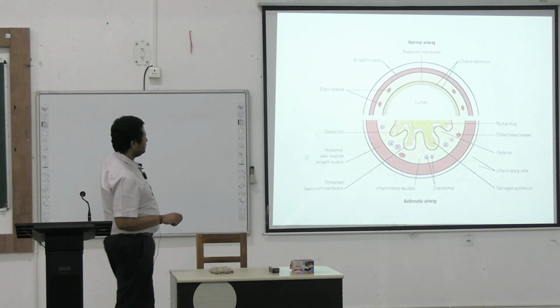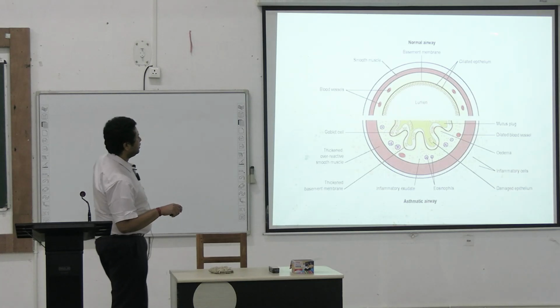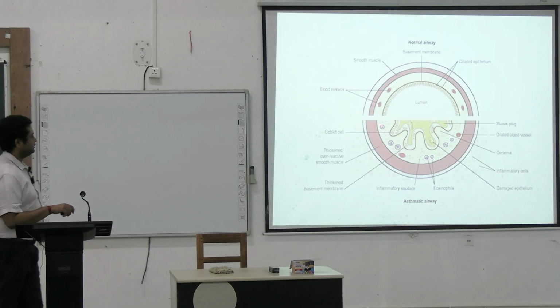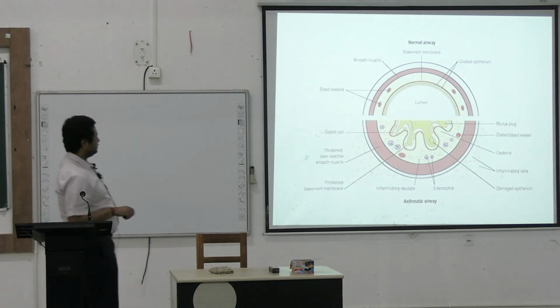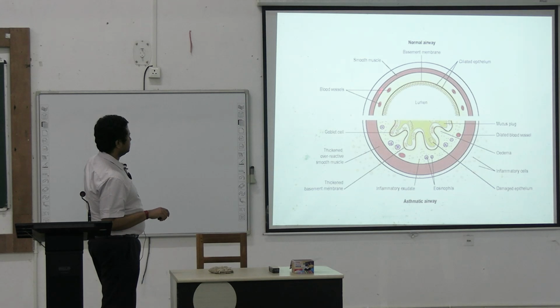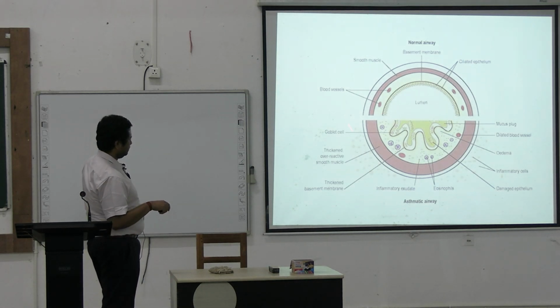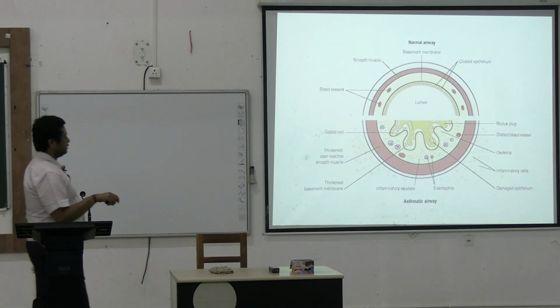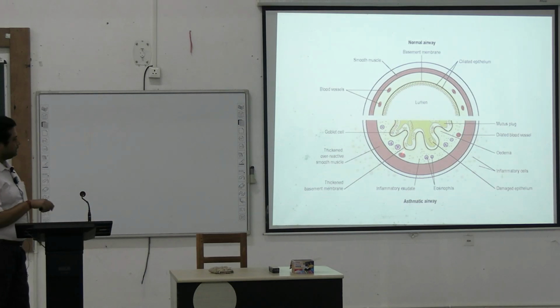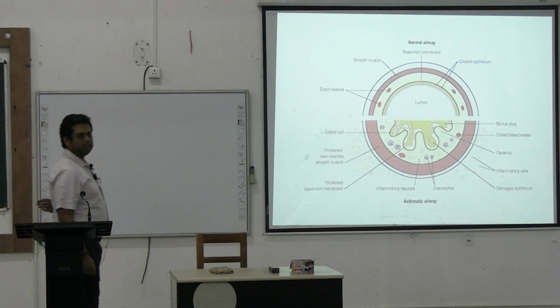So here you can see the upper part is a normal respiratory pathway. There is this ciliated epithelial layer, there is this smooth muscle, there are these blood vessels. Now the lower part is the cross section of an asthmatic airway.